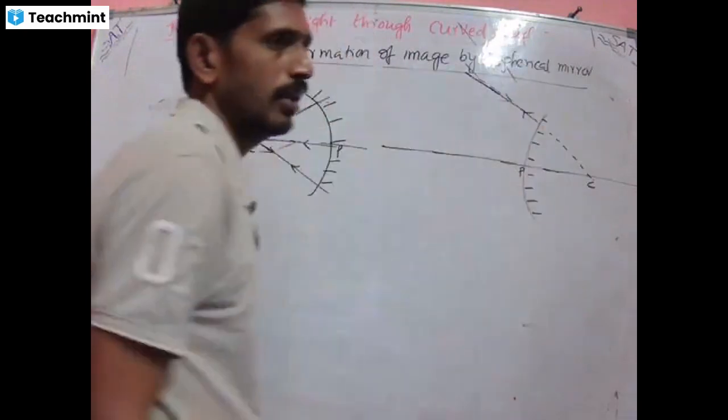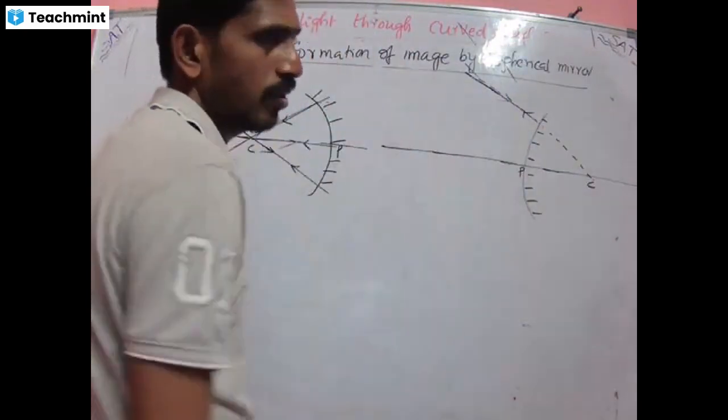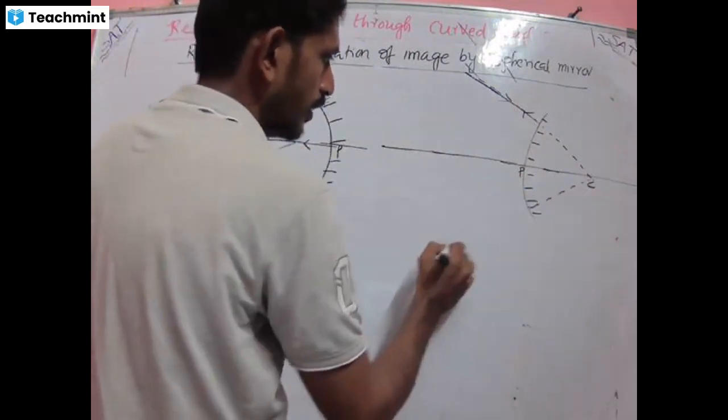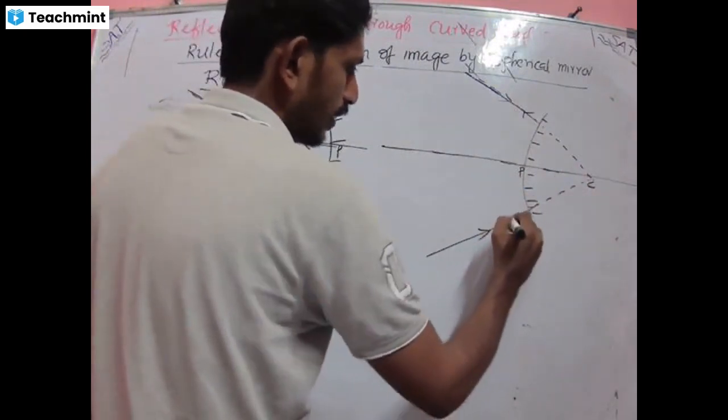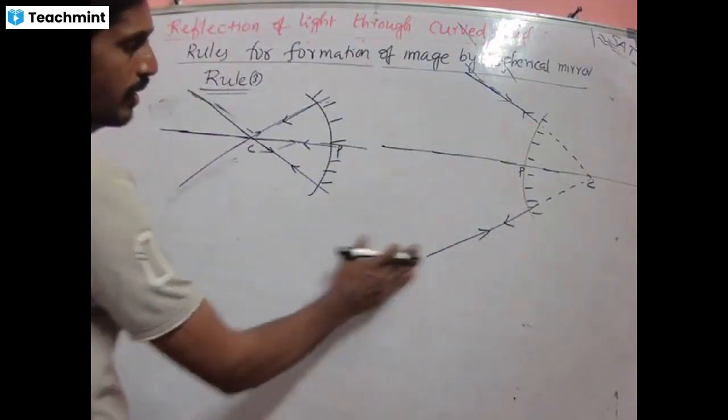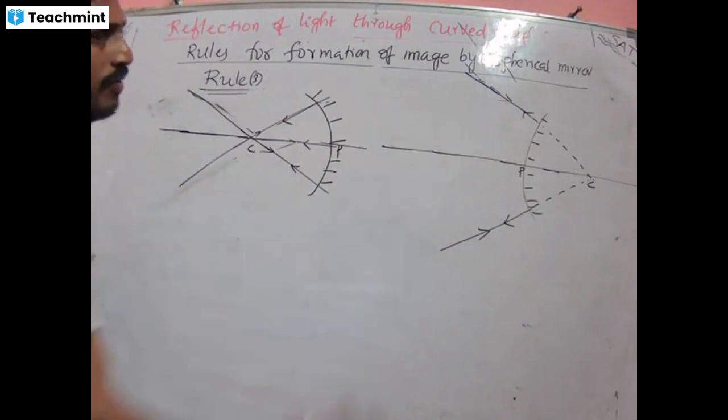This is the case for the convex mirror. Again, if we take one ray like that, after reflection it is reflected back along the same path. This is rule number 3 for the convex mirror.